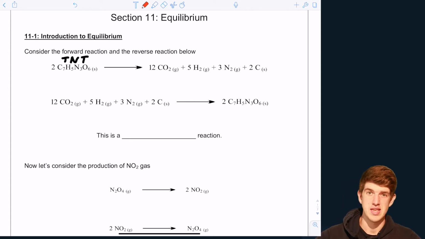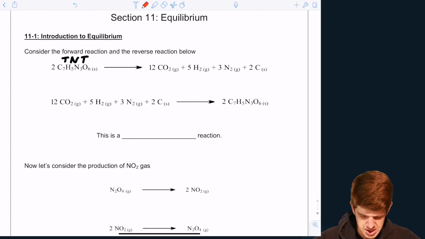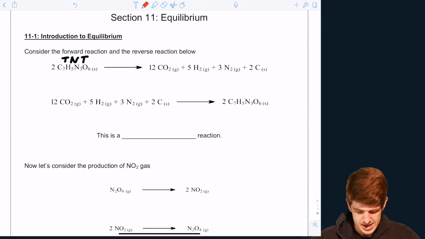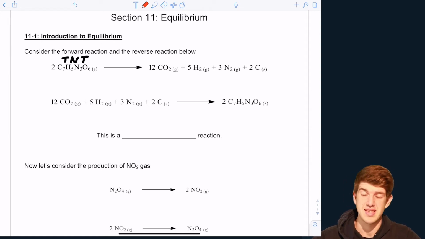Now, as you can probably imagine, TNT, after it explodes, doesn't really turn back into TNT. This reaction really goes one way. It reacts, and then it doesn't return into TNT.